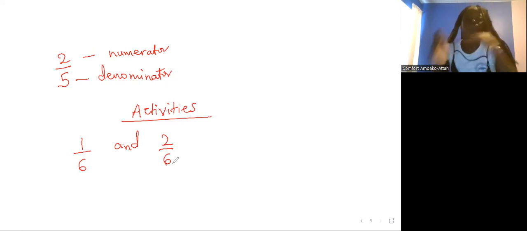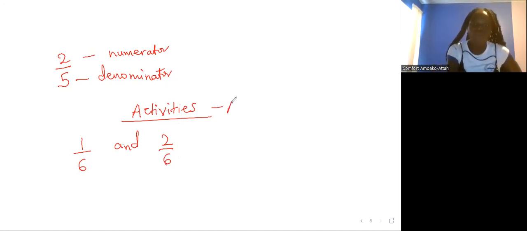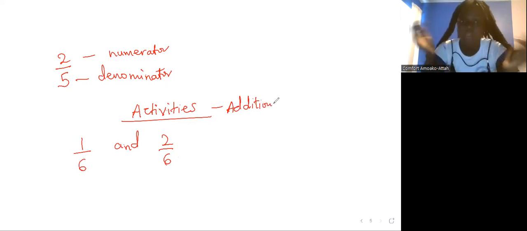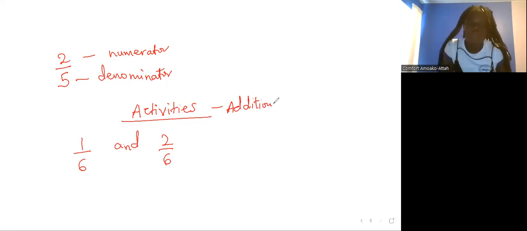So I'll be doing addition of fractions with the same denominators. Good. So we are adding 1 out of 6 to 2 out of 6. How do we do that? Great. I'll take you through the activities and I'll give you one to do on your own.